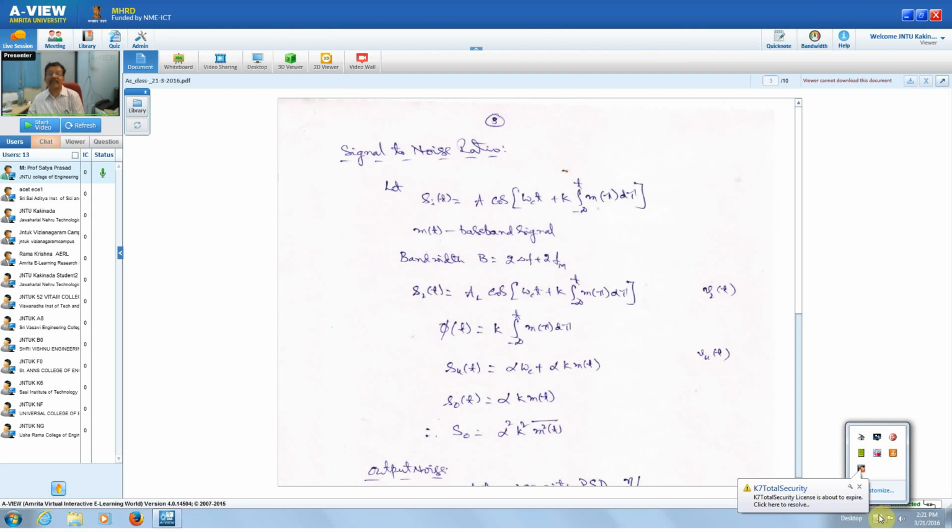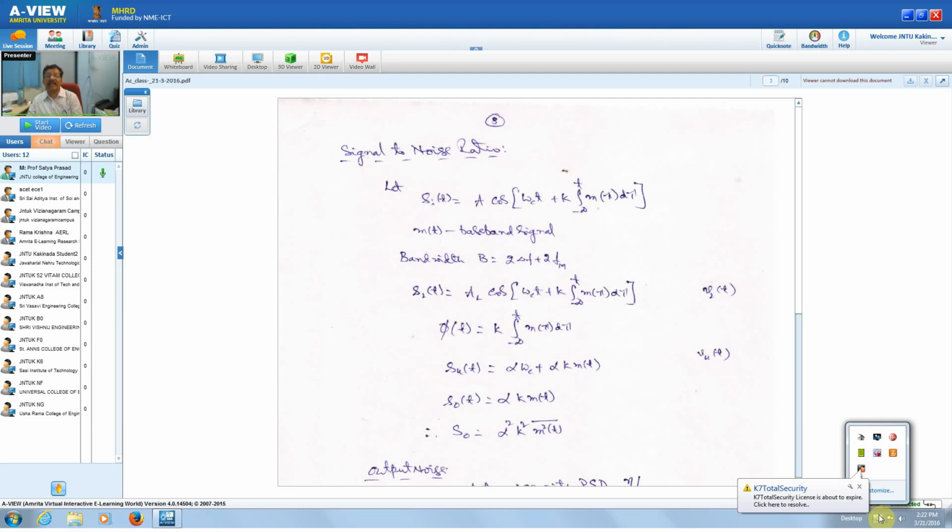With the baseband filter eliminating the DC signal and considering only the baseband modulation signal, the output signal after the baseband filter is going to be αk m(t), by eliminating the DC term αω_c. Therefore, the signal at the output is S_0(t) = αk m(t).